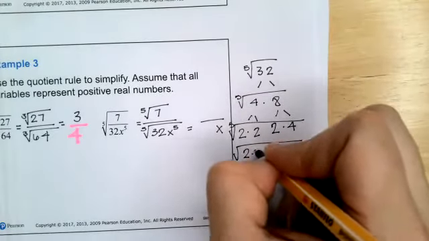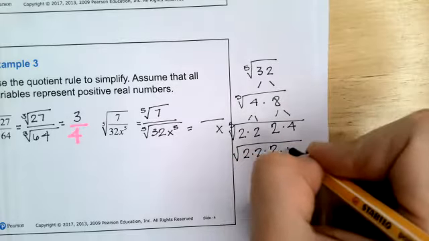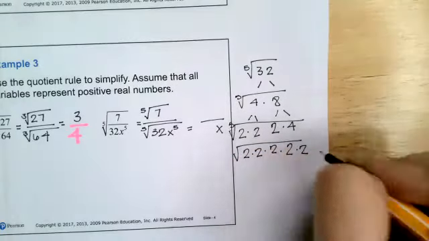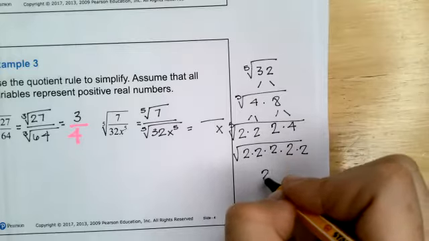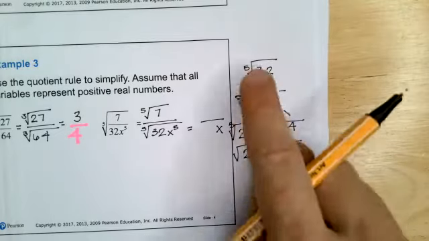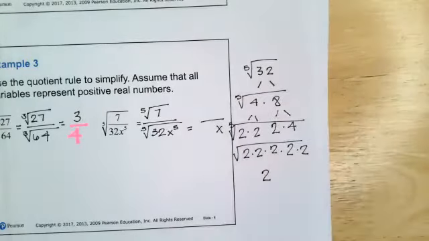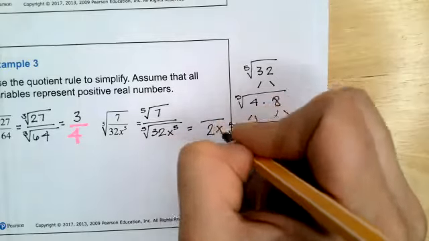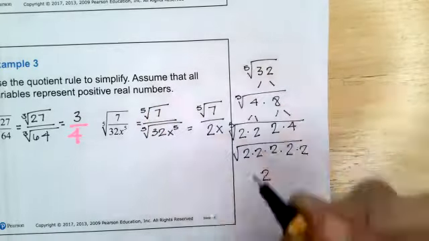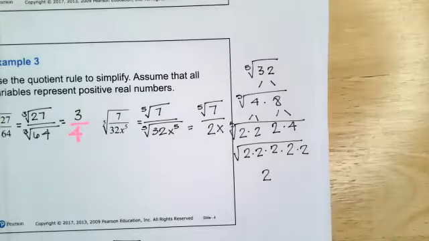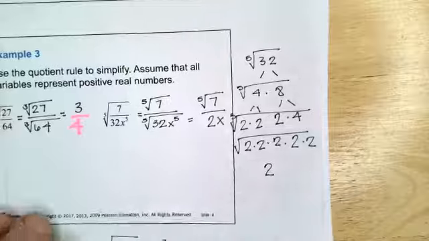That 2 stays the same. That 2 stays the same. That 2 stays the same. The 4 becomes a 2 times 2. And now we've got 5 2s. So we can say it becomes 2. The fifth root of 32 is 2. So on the bottom, we just have 2x. And on the top, we leave it as 7 because 7 is a prime number. The fifth root of 7 over 2x. Good.